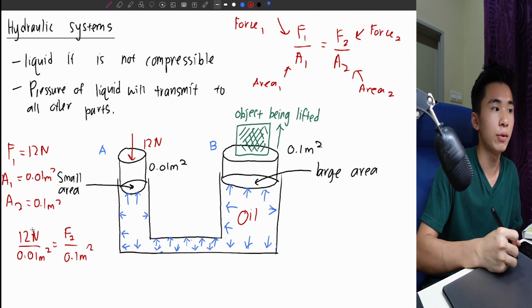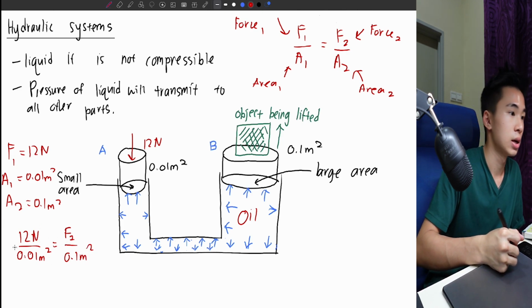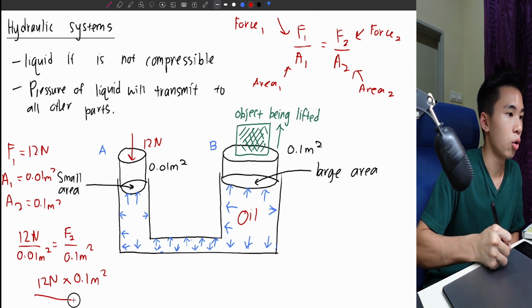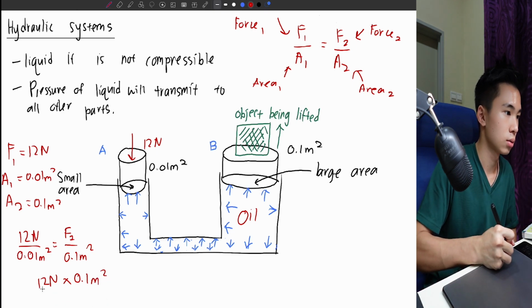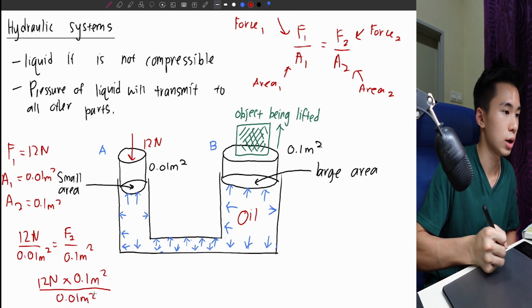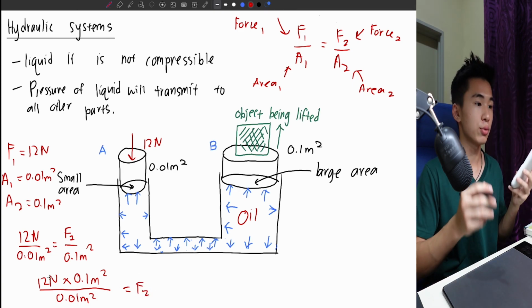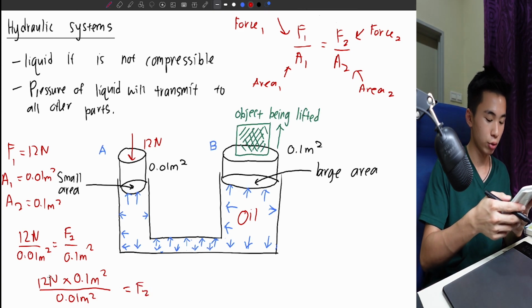So we can just move around and we will find the answer. So 12 newtons times 0.1 meter square over 0.01 meter square, and let's see what our F2 is. Right now I will calculate with my calculator.